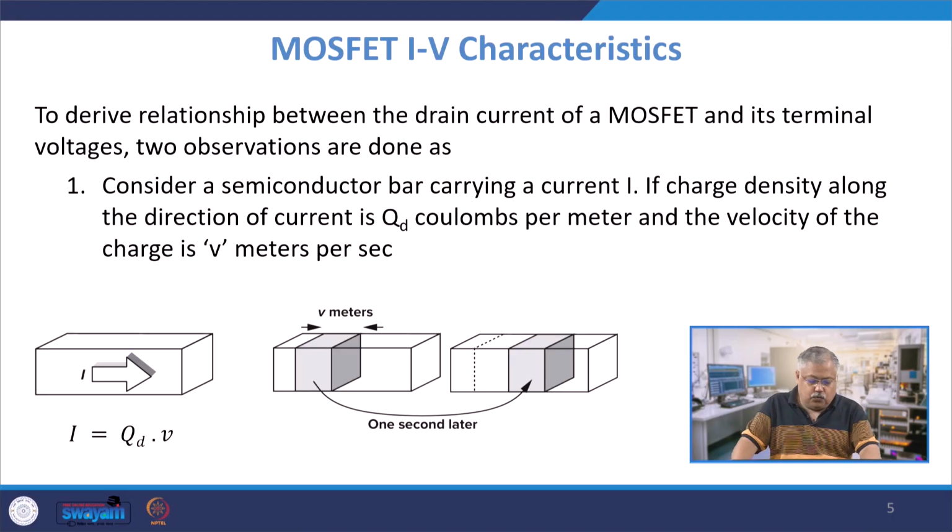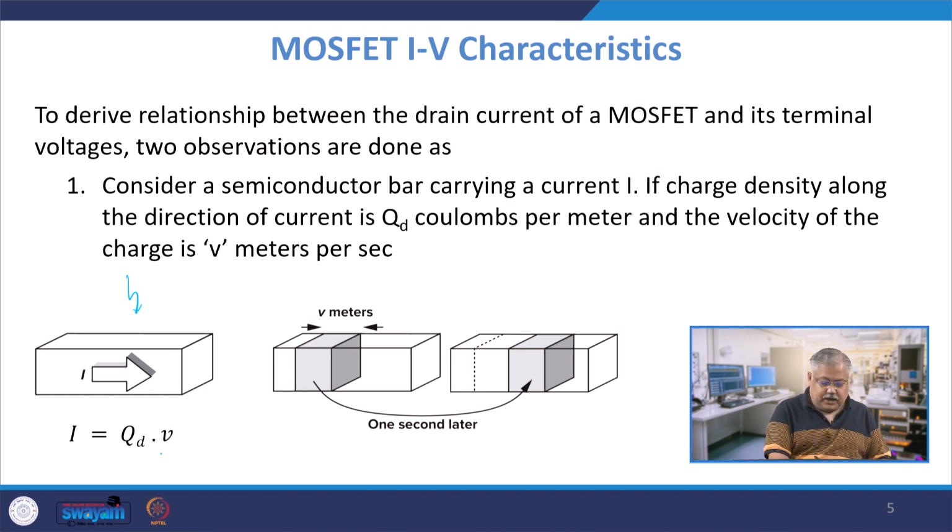Let us now deep dive into the MOSFET IV characteristics, right? And let us see how you can derive the IV characteristics of a MOSFET. So let us take up a bar of semiconductor. If you see very carefully, the left side is the bar of a semiconductor, right?